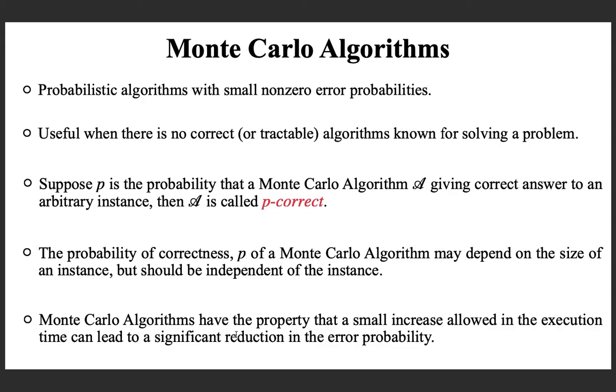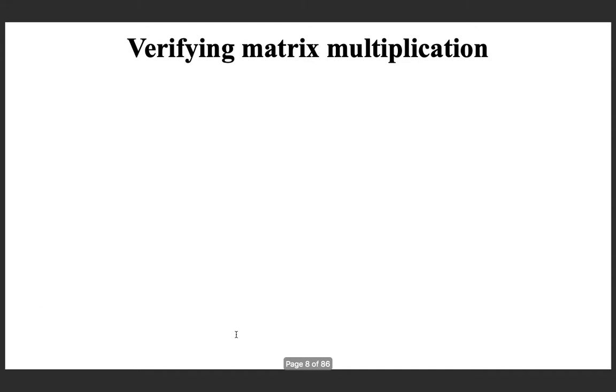A small increase allowed in the execution time can help you reduce the error probability to a greater extent. So, these are some properties and facts about Monte Carlo algorithms.